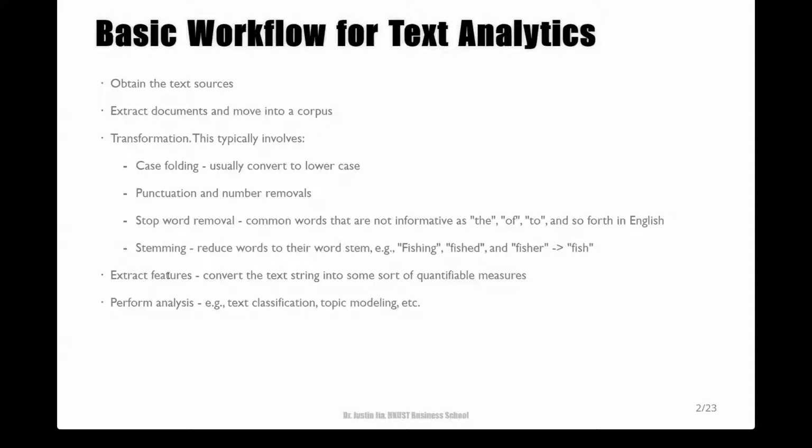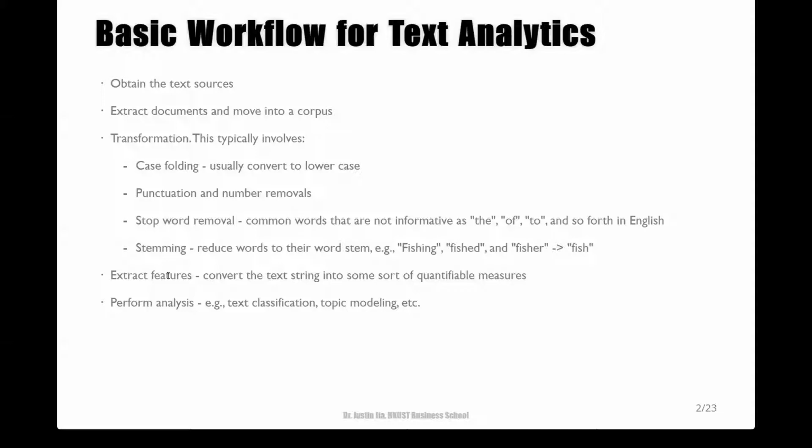And the next step is feature extraction, which involves converting the text string into some sort of quantifiable measures. The most common approach is the bag of words model, whereby each document is represented as a vector which counts the frequency of each term's appearance in the document.